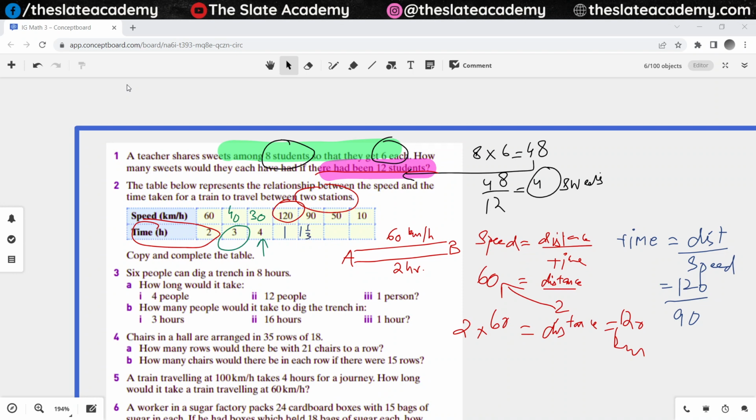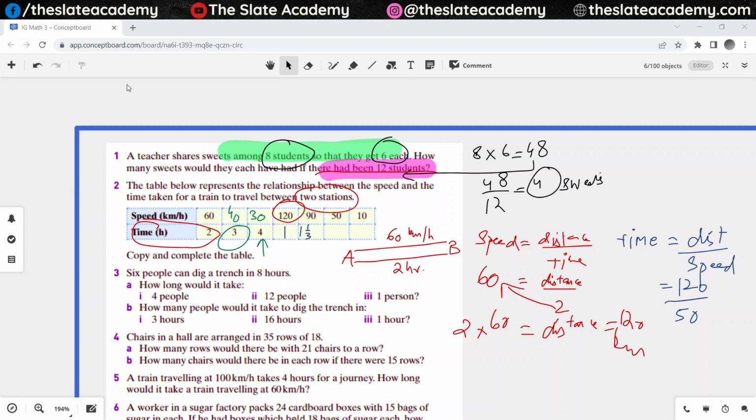Quickly, when it travels at a speed of 50, how much time does it take? 120 divided by 50, so it would take 2.4.